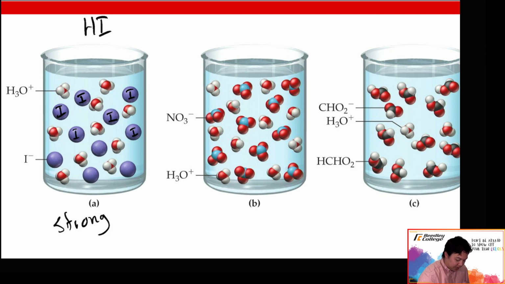If we look over here, the next one, again, we have these NO3 ions that are floating around. And if we look at each of those, these little white spheres are hydrogen. And we don't have any hydrogens that are attached to a nitrate. So again, because it's fully ionized, this is a strong acid.